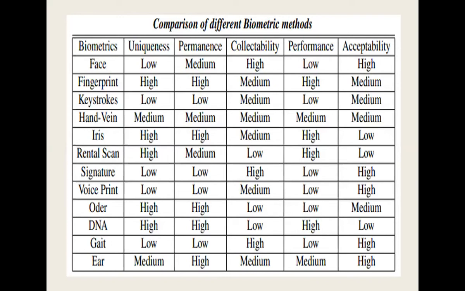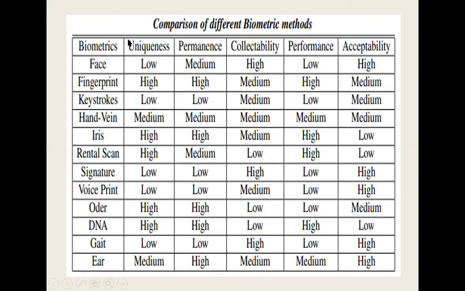Which one is uniquely identifying a given object? As our age is growing, which one is more representative? Which one can easily be collected? What about performance-wise and acceptability? Especially for us, the first measurement is the uniqueness.